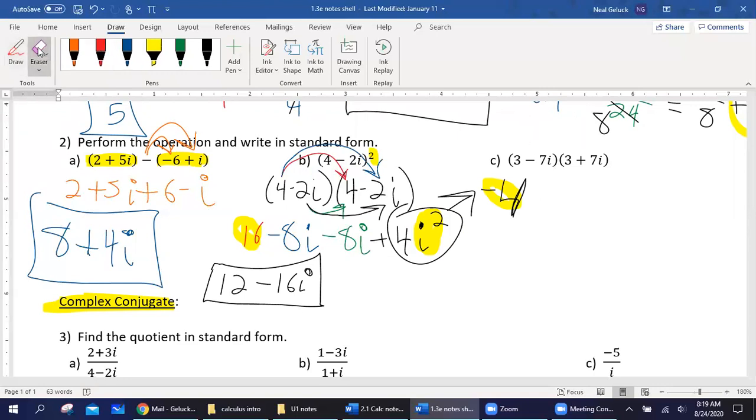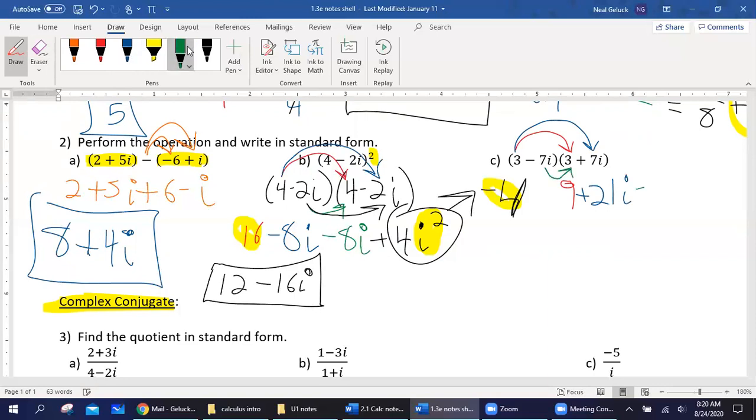I'm still going to do this with FOIL, just like I did on the previous problem. First times first, it's going to be 9. Outers, that's going to be 21i. Inners, that's going to be minus 21i.